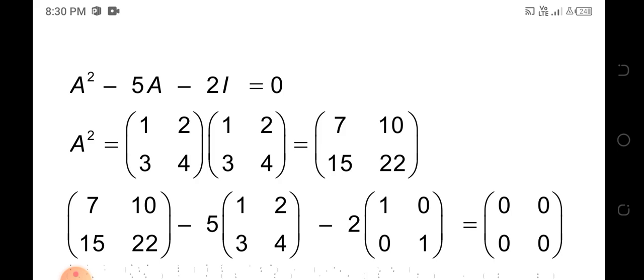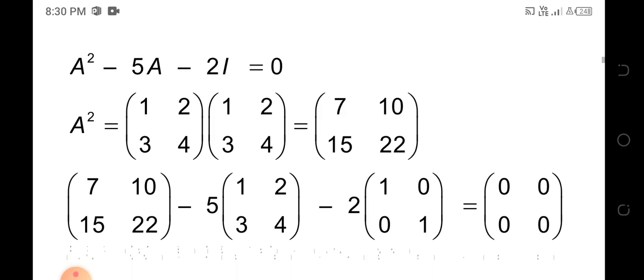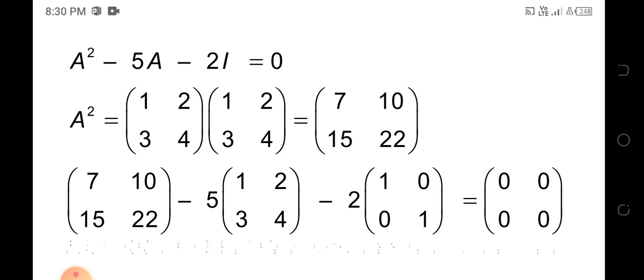First, what we have to do? First you have to find out A square. A square means you have to multiply the given matrix twice. So you have to write 1, 2, 3, 4. The same matrices again, and you know the matrix multiplication. First you take the first row of the first matrix along with the second matrix's first column, multiply, and write the first value of that answer.